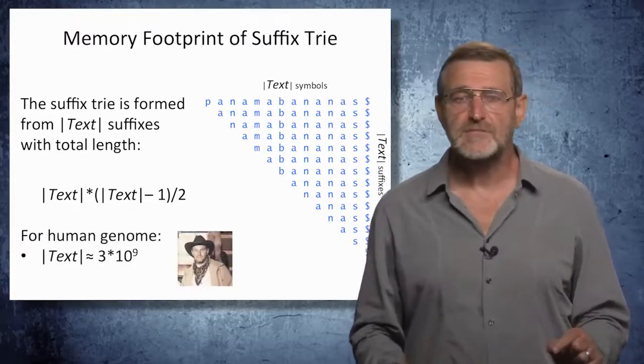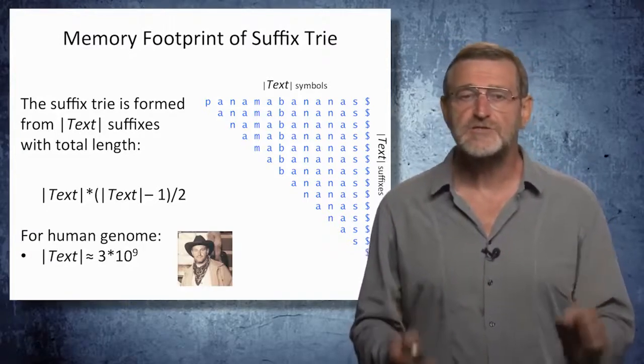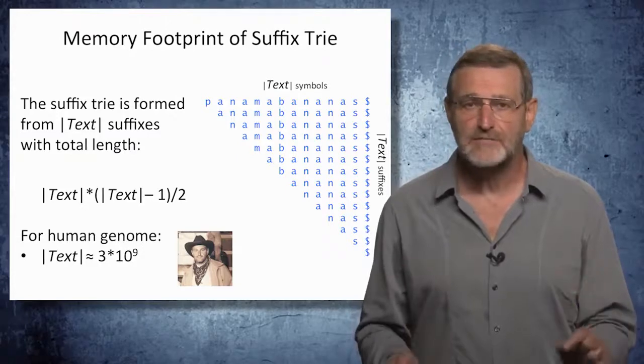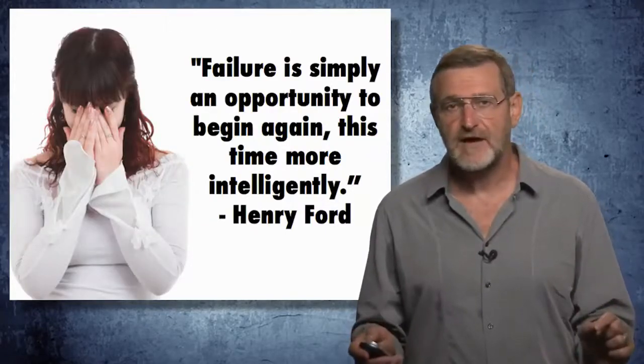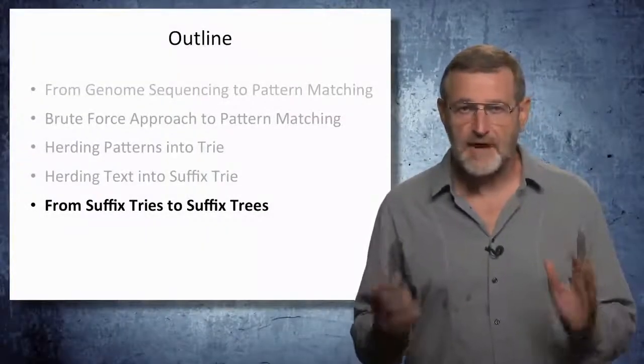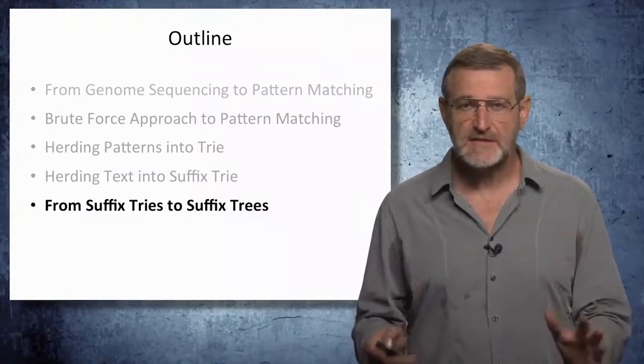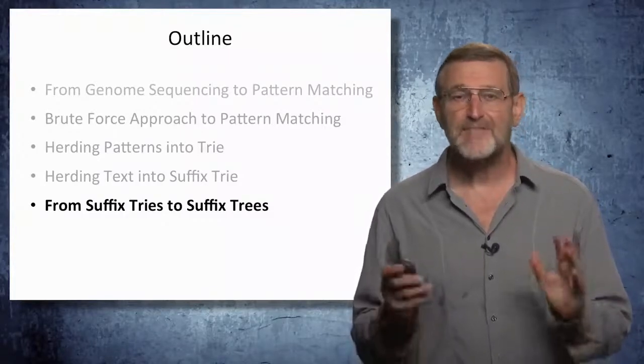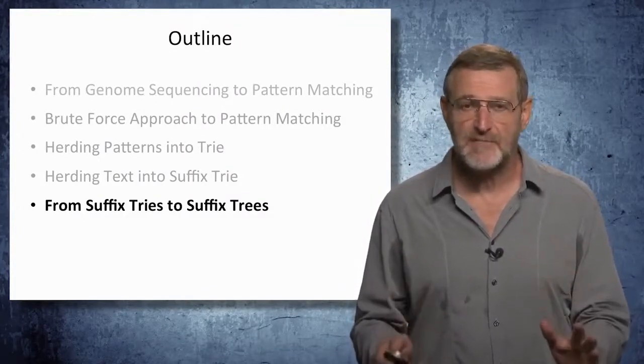For the human genome, it is a huge, impractical memory footprint. Should we give up? We saw that pattern matching with suffix tries is fast, but impractical with respect to the memory footprint.